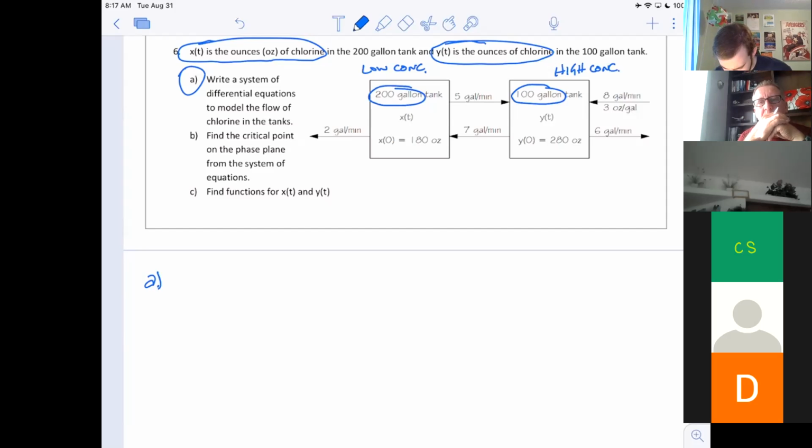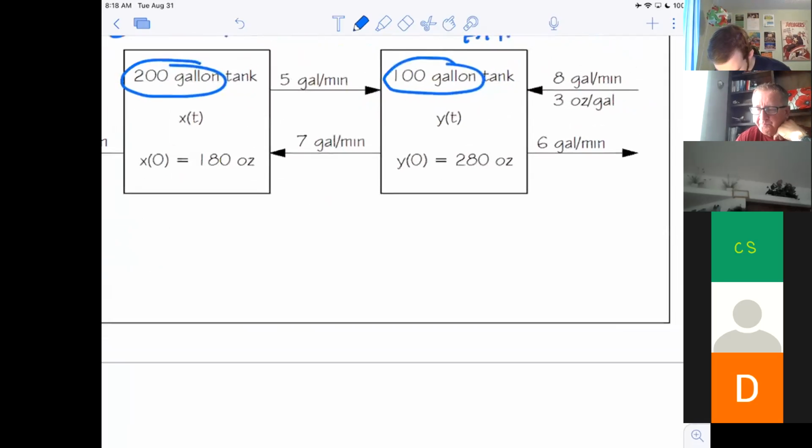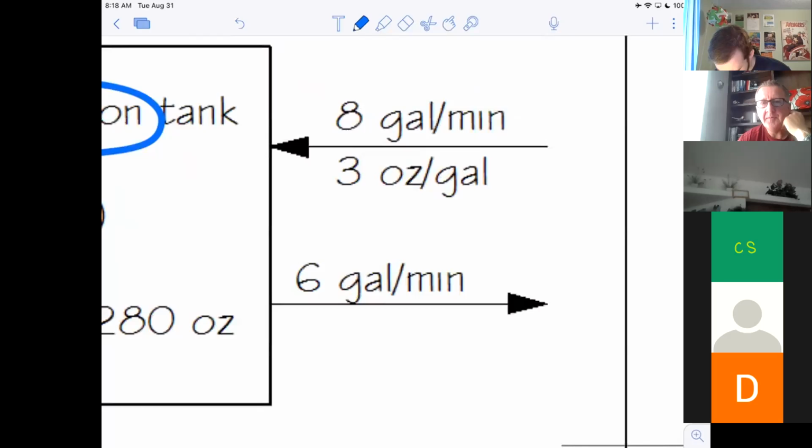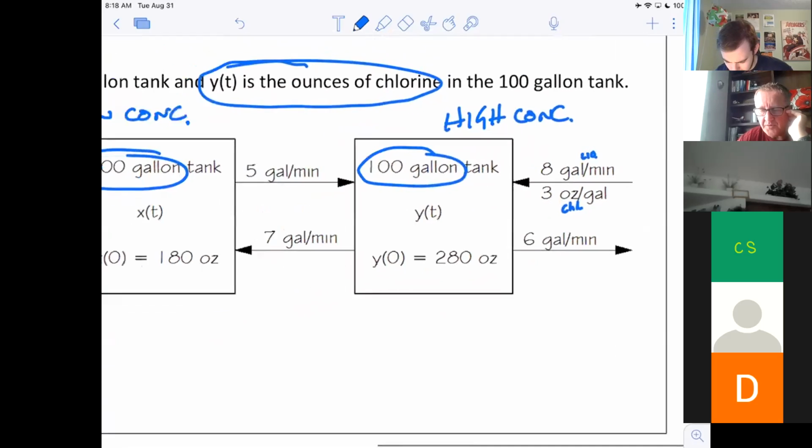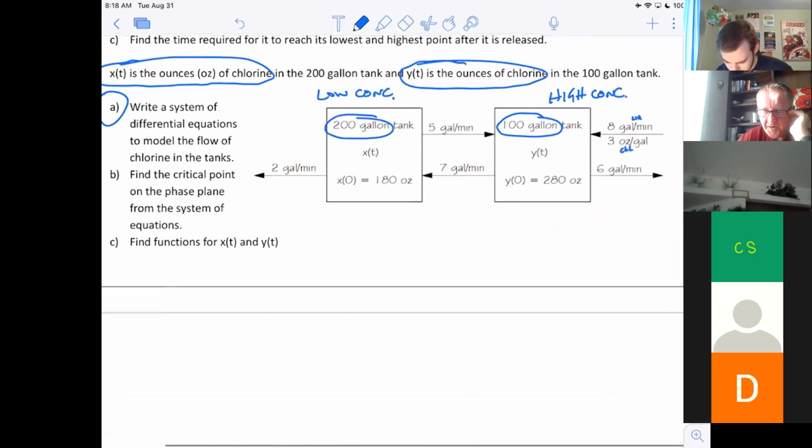I don't know, it just felt weird. But I guess it could potentially be the amount of a liquid dissolved in another liquid. And realistically, with this unit over here, you can't really just say 8 gallons a minute. It's sort of assumed to be 8 gallons of liquid per minute and 3 ounces of chlorine per gallon. You have to assume that's what that means. But maybe it could be argued that should be stated.